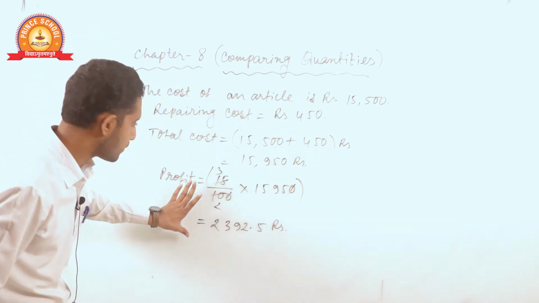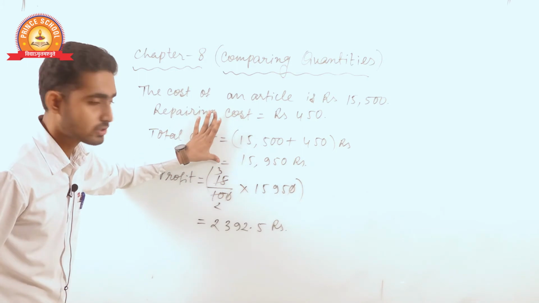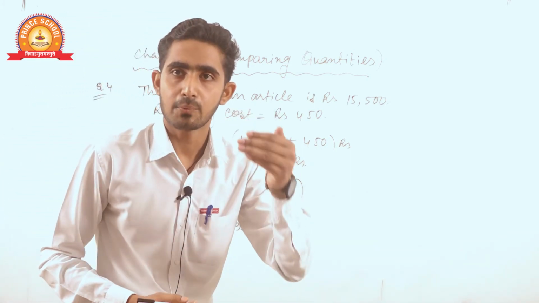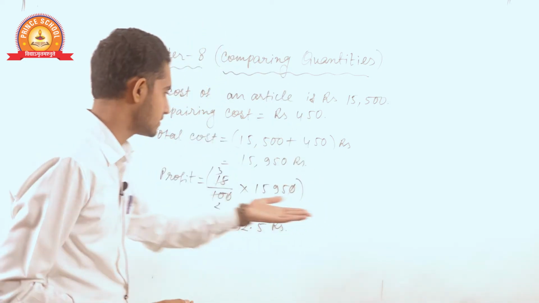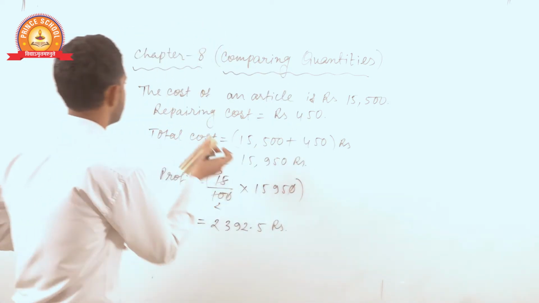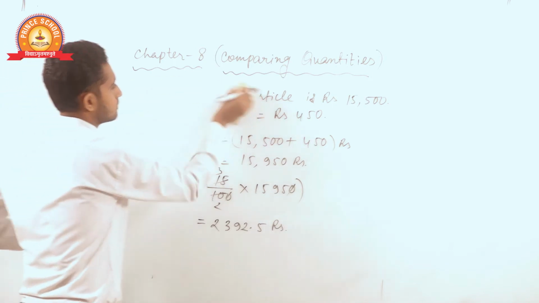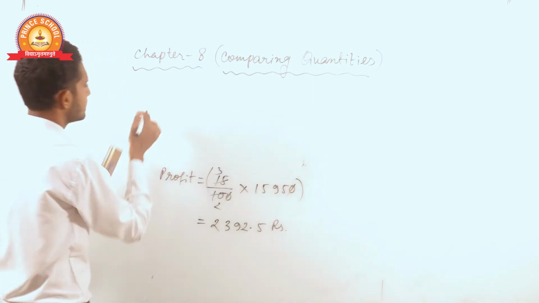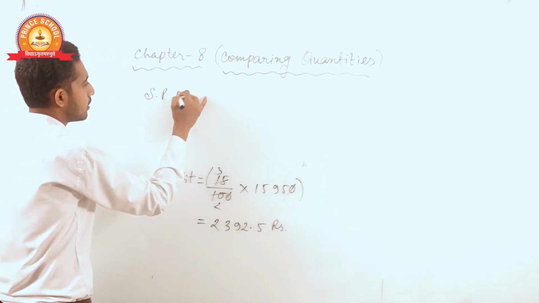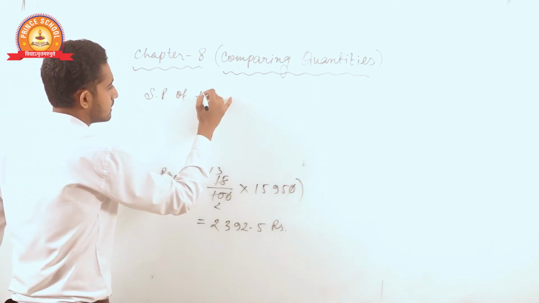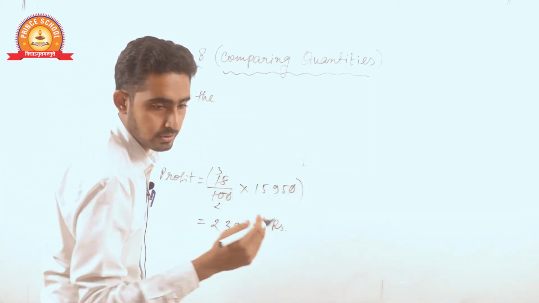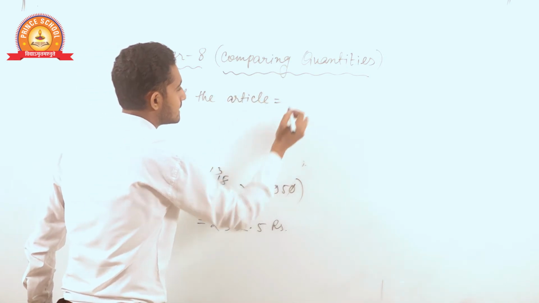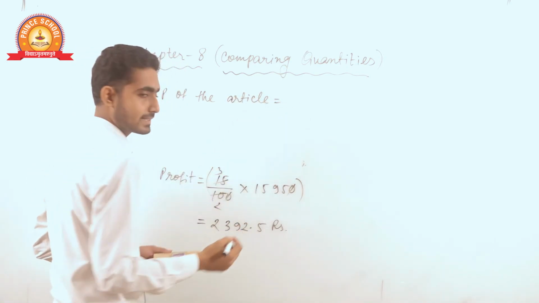We know profit, we know total cost. In your question it says selling price. So selling price is equal to how many? Profit plus cost price. So we can say selling price, SP, of the article is equal to cost price, that is how many given?